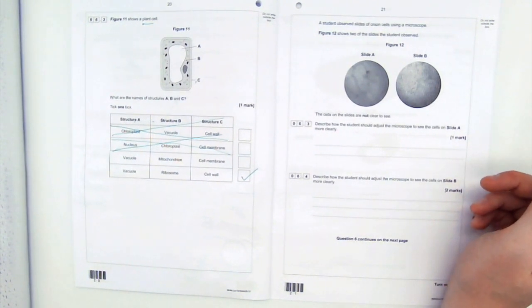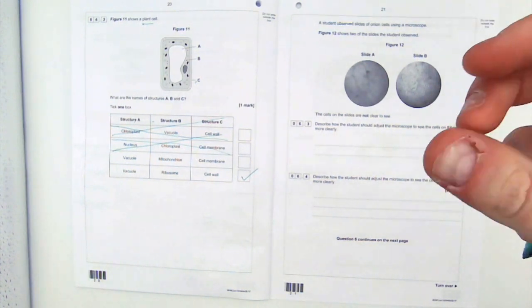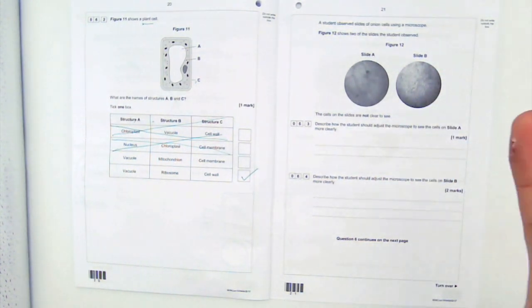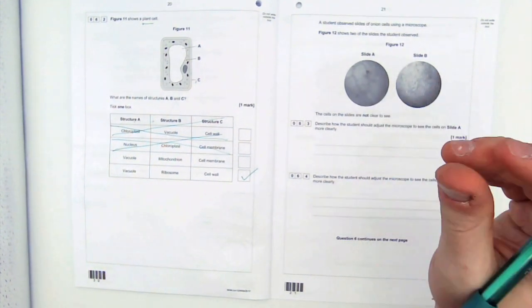So hopefully this is really asking you about microscope technique, and asking you how do you focus a microscope. Hopefully you'll remember that there's a focusing knob that you can turn, and that will adjust the height and therefore focus it. Because this is so zoomed in, I don't think it needs that much.